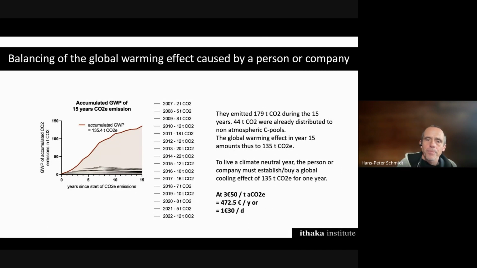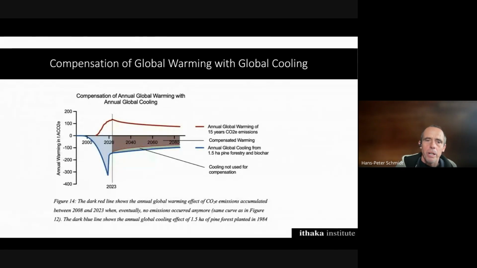And now you can check what you do to compensate this effect. And now we have here this same line. This is the red line. You have these 15 years of CO2 emissions that go up to an absolute of something like 120 annual tons of CO2.